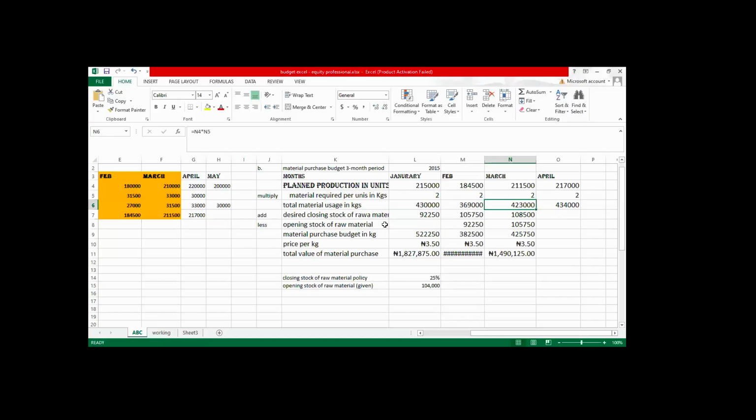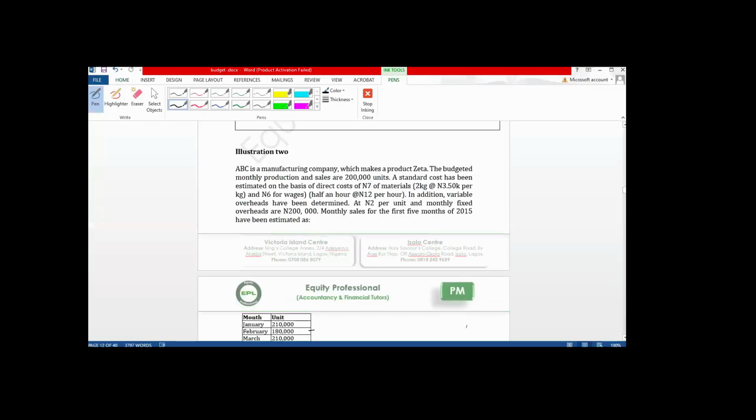We now go to desired closing stock. Closing stock of raw material. How do we get this? The examiner says, let's go back to that paragraph. Look at the last paragraph.